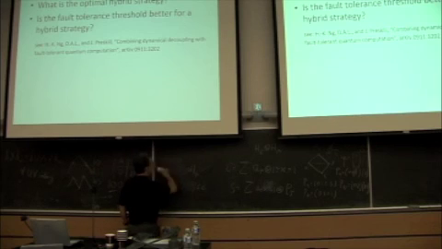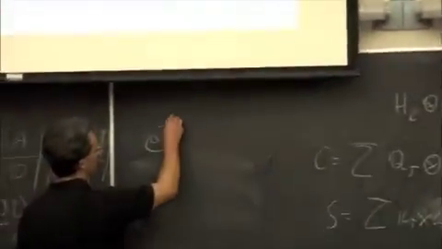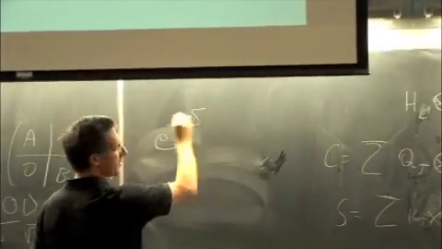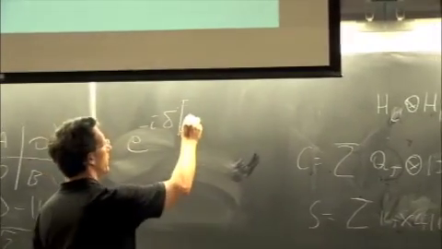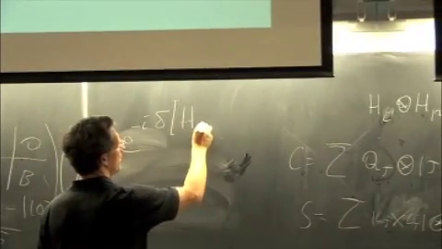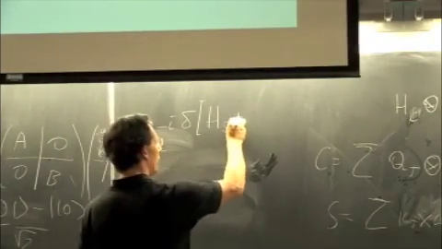The problem is that the pulse is imperfect. Why is it imperfect? So here's the pulse. Let's say it's on for some time delta. Now what's really on? In an ideal world, what would be on is just some system control Hamiltonian. But in real life, what is on is a full Hamiltonian.